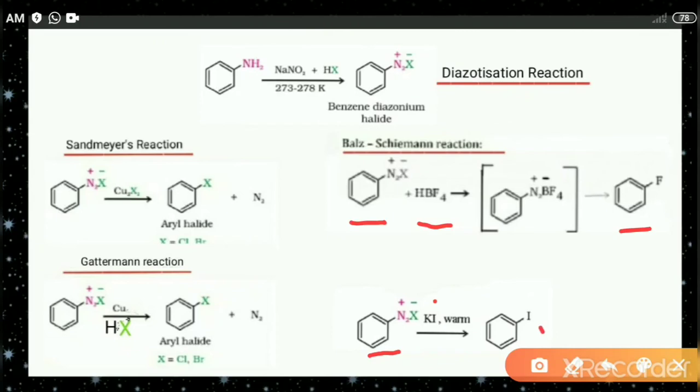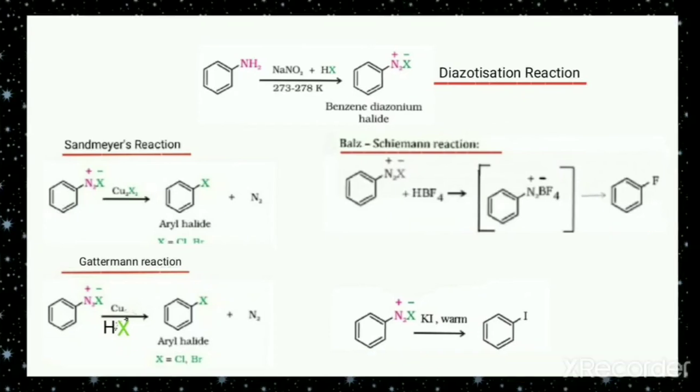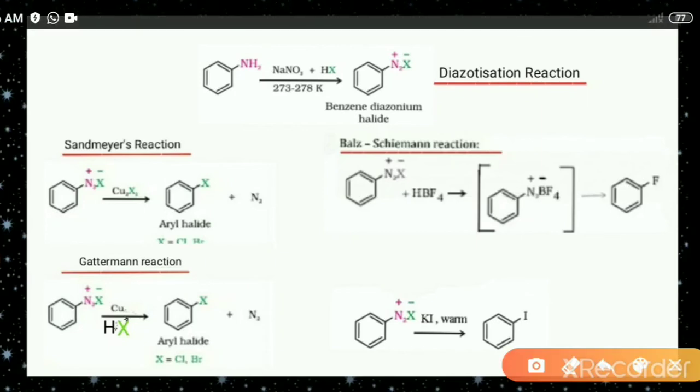It gives iodobenzene. So these are the name reactions: diazotization reaction, Sandmeyer's reaction, Gattermann reaction, Balz-Schiemann reaction. Usually iodobenzenes are prepared by this method, and fluorobenzenes are prepared by the Balz-Schiemann method. So aryl halides are usually prepared by these methods.